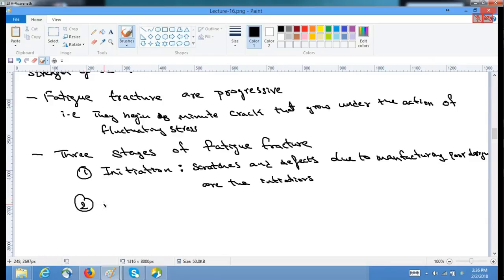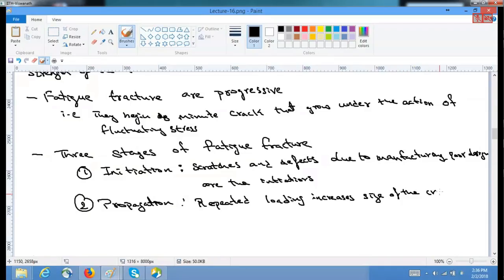Next is propagation. So the loading itself, the repeated loading, increases the size of the crack or the defect. Then is final fracture.